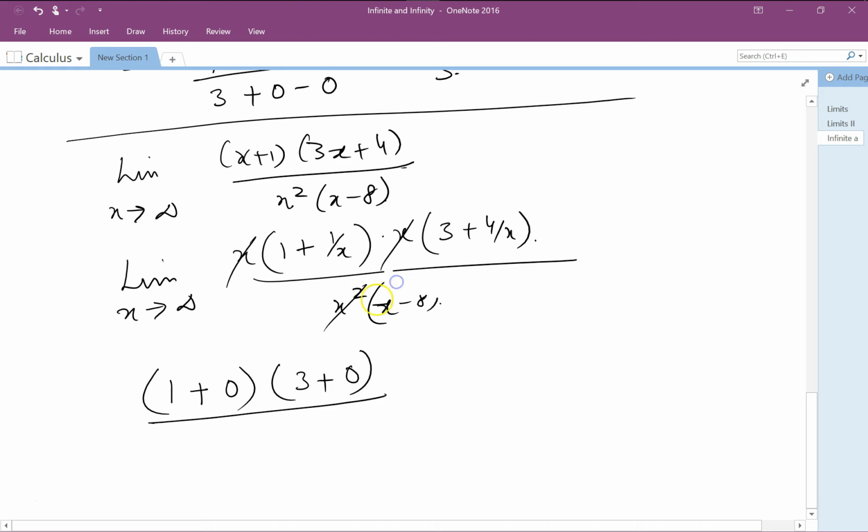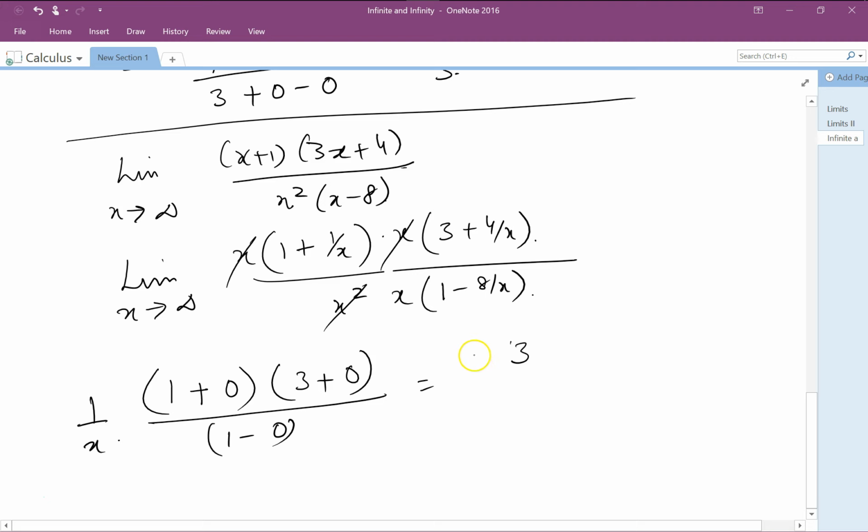Also we could have done the same procedure, taken out x. So if we take out x, this becomes 1 minus 8 by x. So this becomes, can take it out as a separate thing, 1 by x, and this becomes 1 minus 0. So this becomes 3. 1 minus 0 is 1.